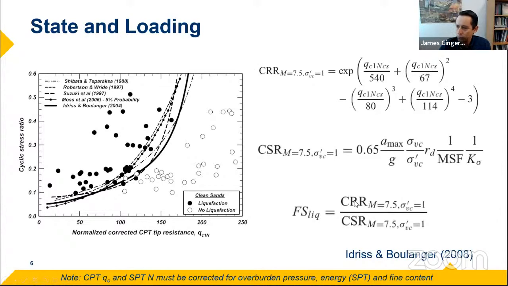So once you have these two parameters, the factor of safety against liquefaction is simply the ratio of those two parameters. And the cyclic resistance ratio curves that you see here are ones that have been proposed, based on evaluation of different case studies.